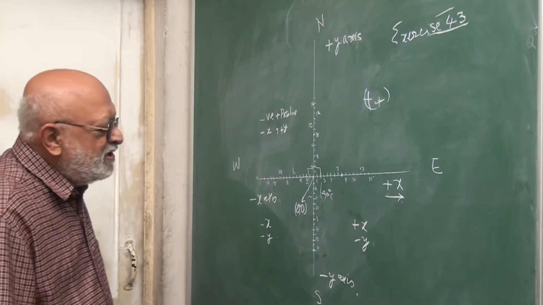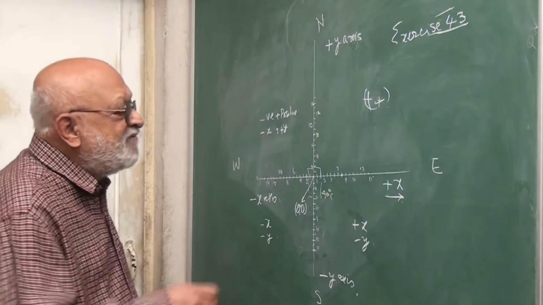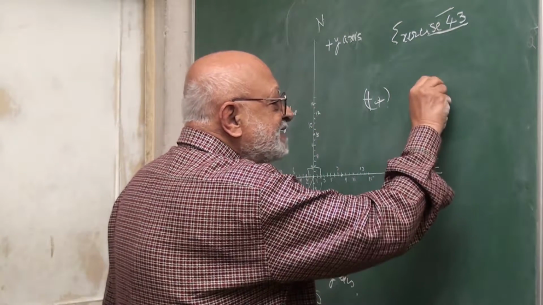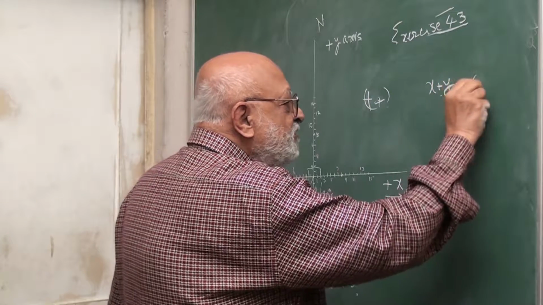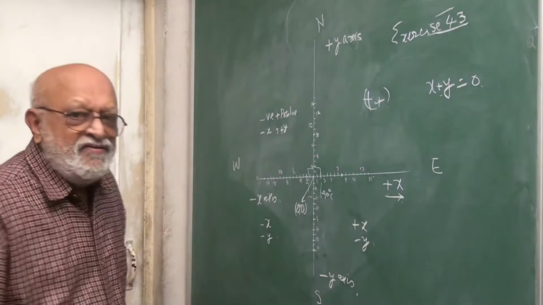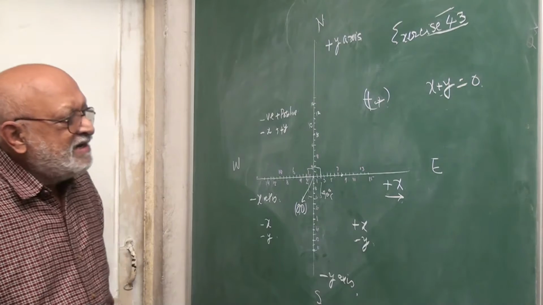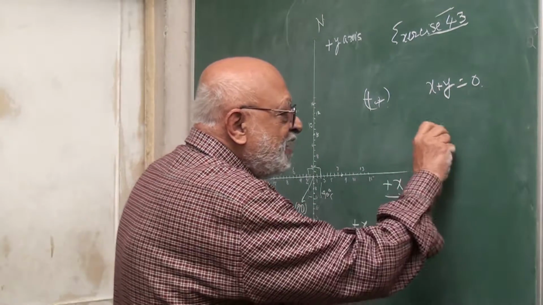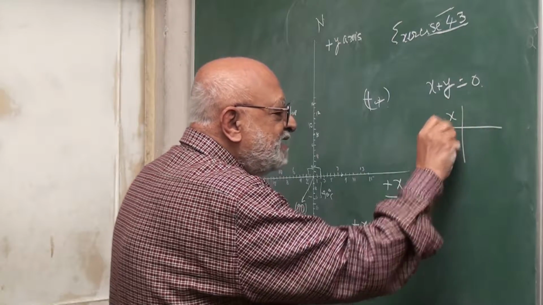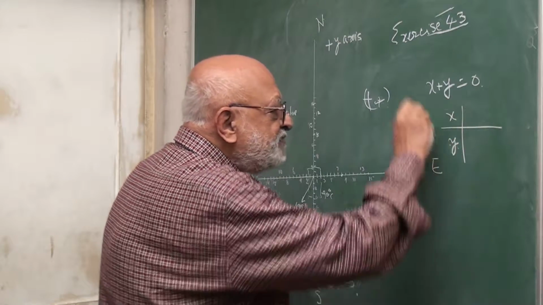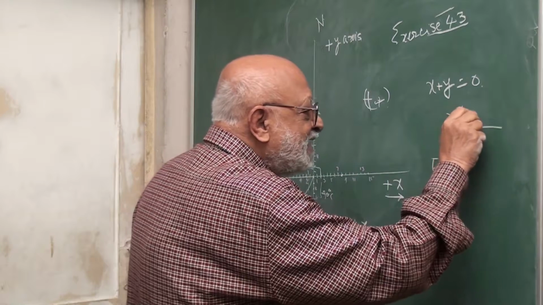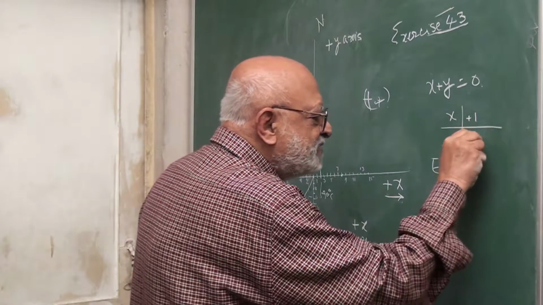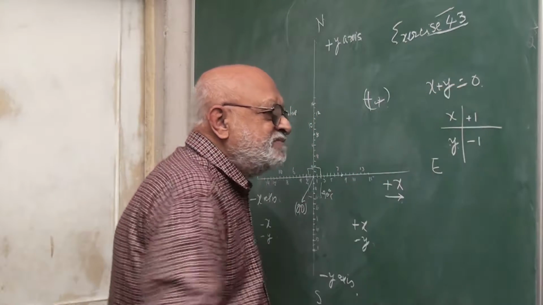Okay, now if I have certain equations, let us take x + y = 0. What kind of graph will I get? If I plot x and y, you will always find that if I take plus x, I have to take minus y, otherwise it will not become 0.